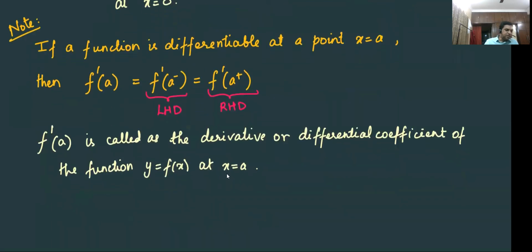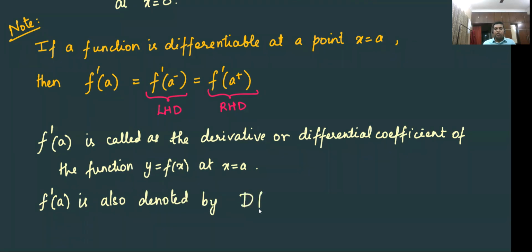Now this f dash a is also denoted by capital D of f at a, or d by dx.